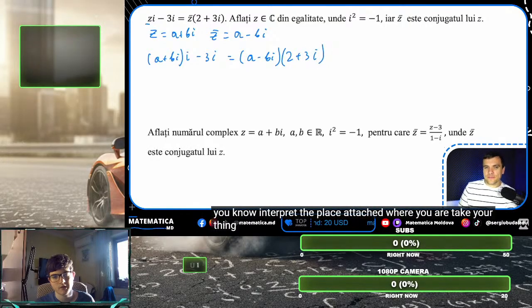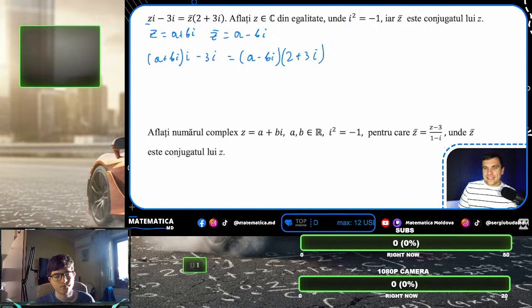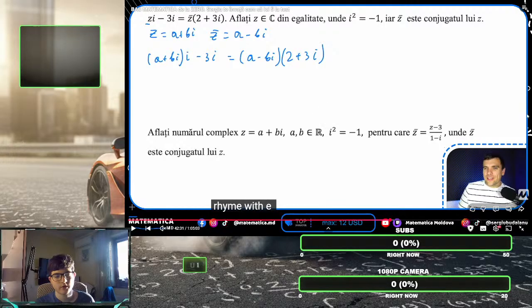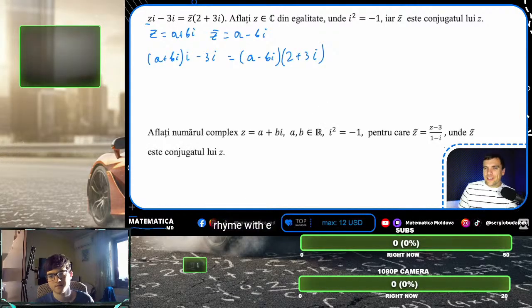Also, okay. Now we're gonna do some multiplications and we're gonna get the i to the power of 2. And we're gonna work it out as -1 and stuff. So it's gonna be ai plus b times i to the second power minus 3i.